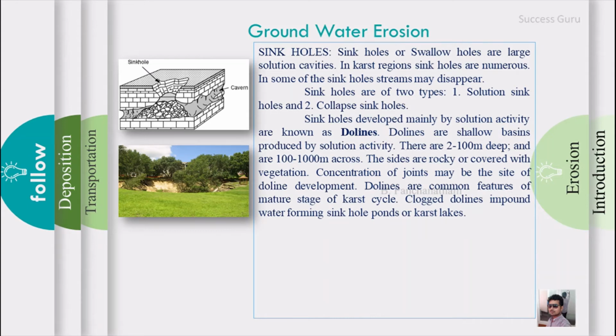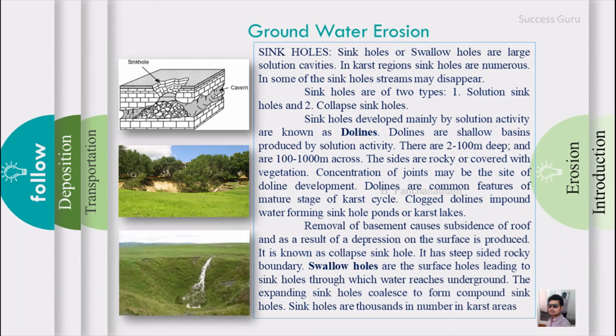The sides are rocky or covered with vegetation. The concentration of joints may be the site for doline development. Dolines are common features of the mature stage of the karst cycle. Clogged dolines impound water, forming sinkhole ponds or karst lakes.